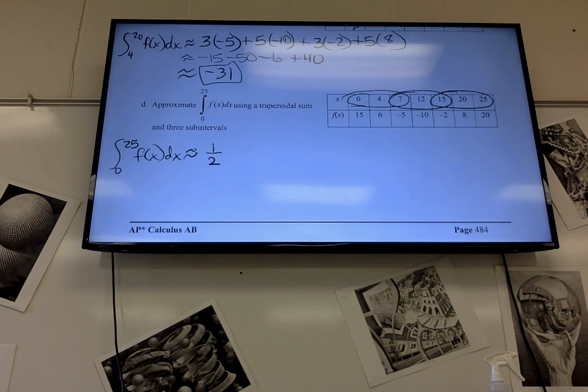I'm going to have to do each one separately because the width of each one is different. So for the first one, it's 7. So that's 7 over 2, or 1/2 times 7, times 15 plus -5. There's the 2 sides of the trapezoid. That make sense?